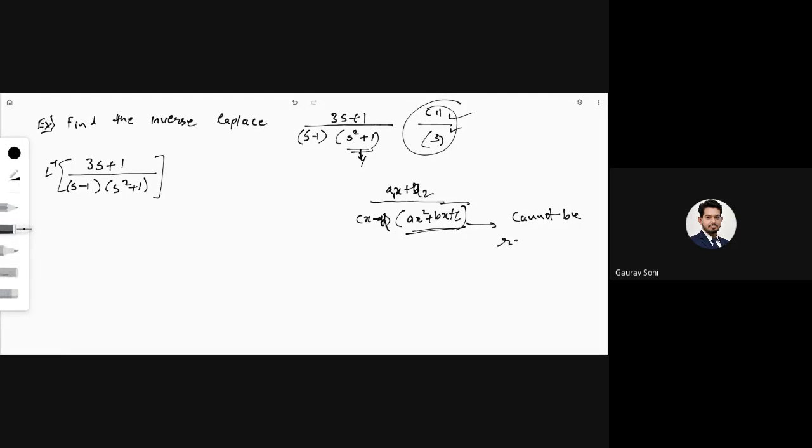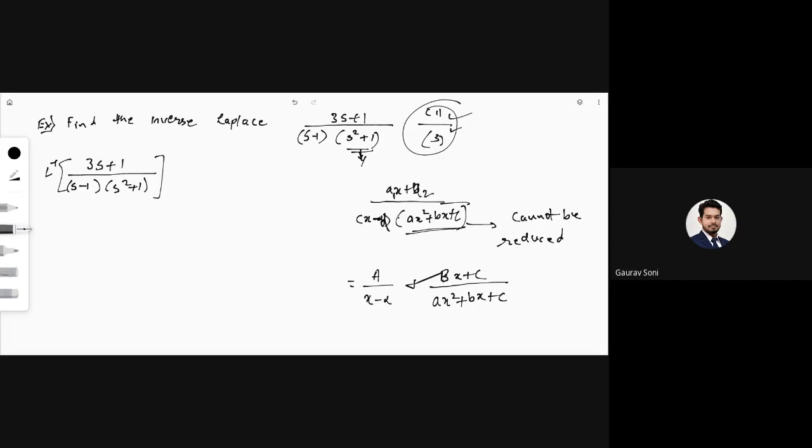If reduced, it will go into the complex form, and in that case the partial fractions are a upon x minus alpha plus bx plus c upon ax square plus bx plus c.